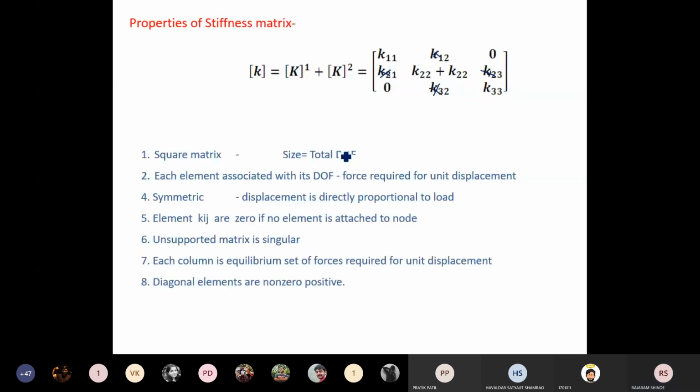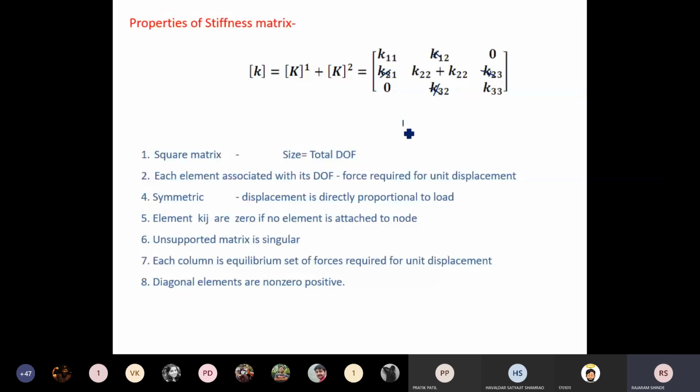Next one, an unsupported matrix is singular. What does that mean? If you have not applied any support to the structure, you will not get a solution.